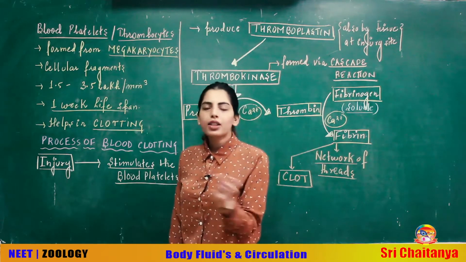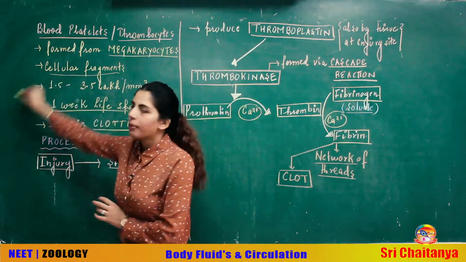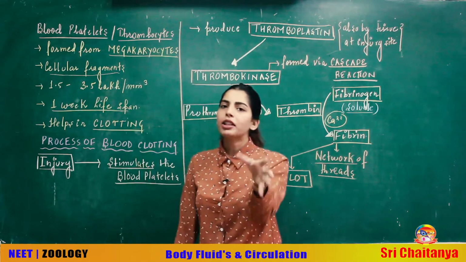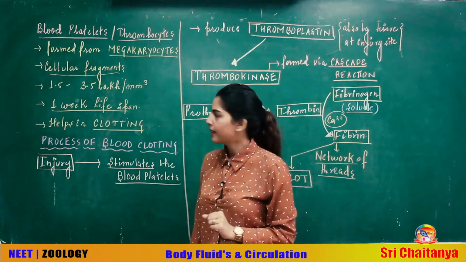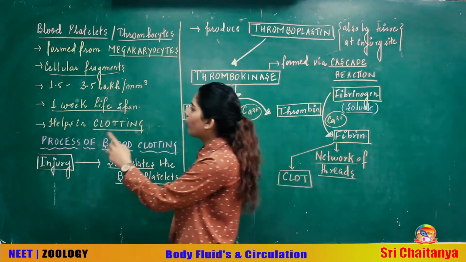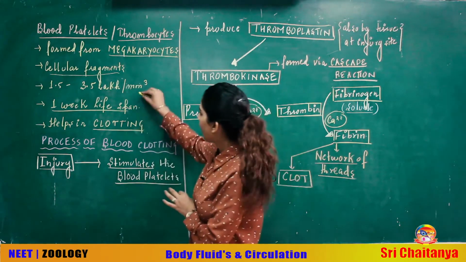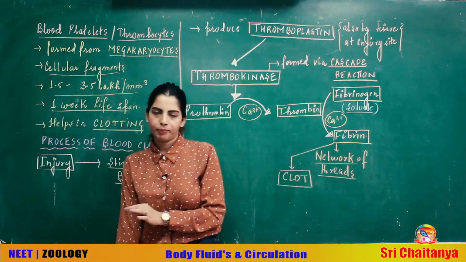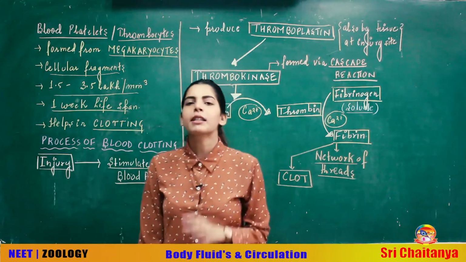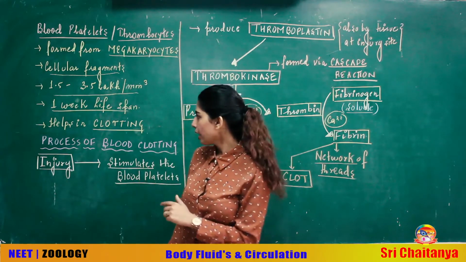They are basically, students, cellular fragments, not actual cells. Talking about their number, they are 1.5 to 3.5 lakhs per mm cube of your blood. Their lifespan is approximately 1 week.